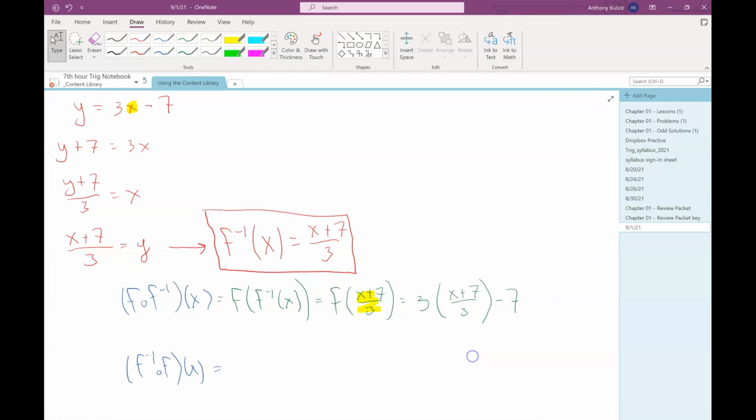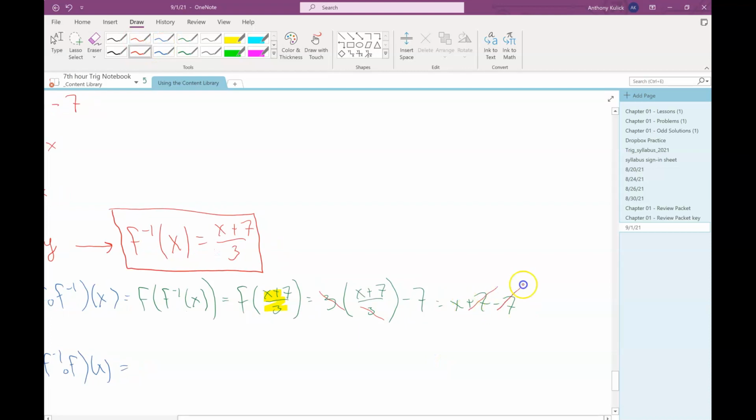Looking at the parentheses, I have a times 3 and a divide by 3. Those cancel out. And I have a plus 7 and a minus 7. Those cancel out. I'm left with x, which is, according to my definition, what I wanted to get. I'm not done. I still have to do the other direction, but it's going to work pretty similarly.